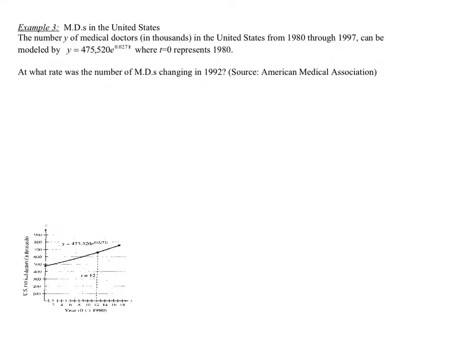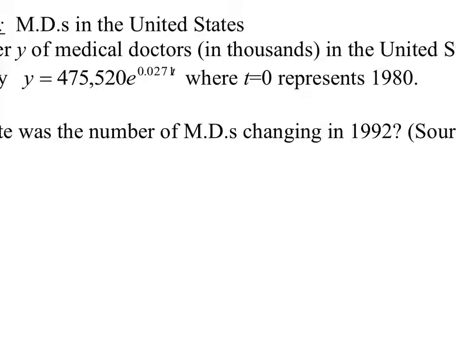MDs in the United States. The number y of medical doctors in thousands in the United States from 1980 through 1997 can be modeled by the exponential function y equals 475,520 times e to the 0.0271t, where t equals 0 represents 1980.